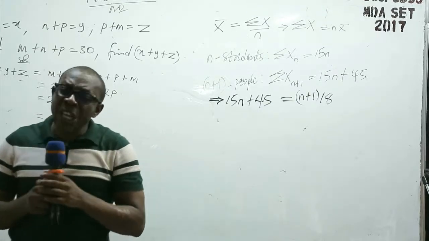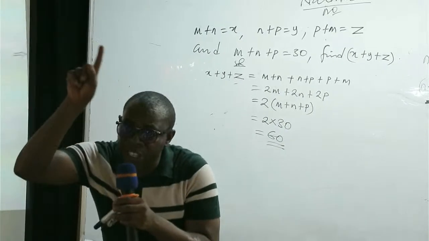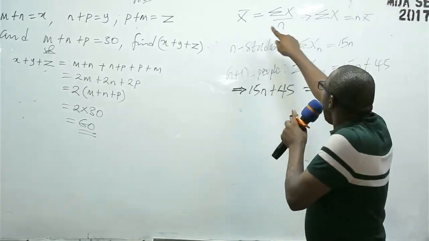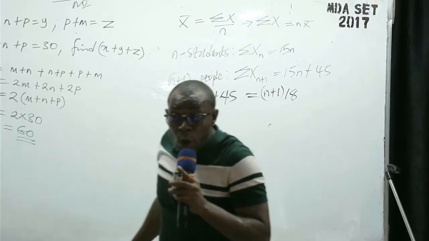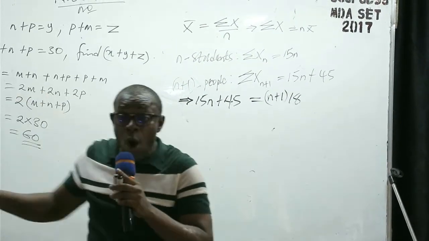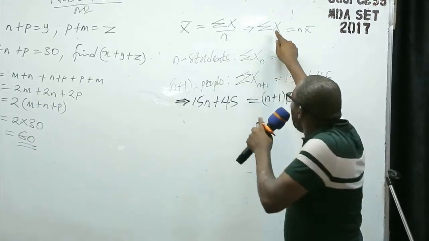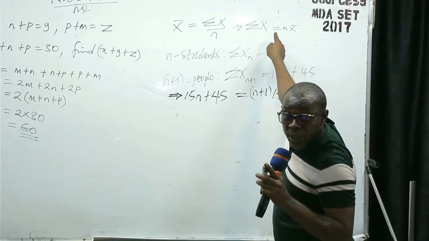Wait. You see, that is the problem now. You are not seeing things from the generator. Look at it. What is mean? What is summation? Sum over the number. So the summation should be what? The number multiplied by what?